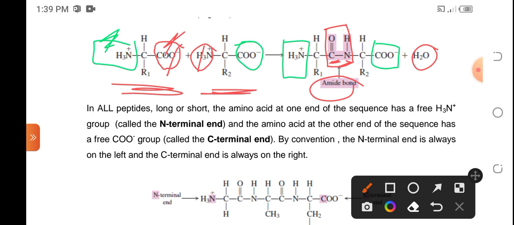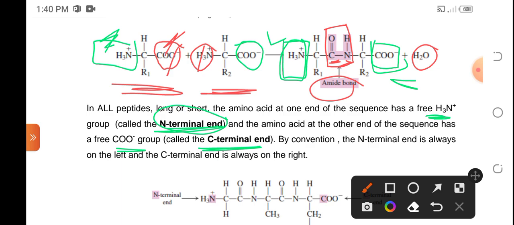And that's why, ang tawag natin dito sa first and last na ito is the terminal. Okay? That's the terminal. And on the left side is the N-terminal or the nitrogen terminal, which represents the amino. And it ends on the right side, or the end, with the C-terminal or the carboxyl group.